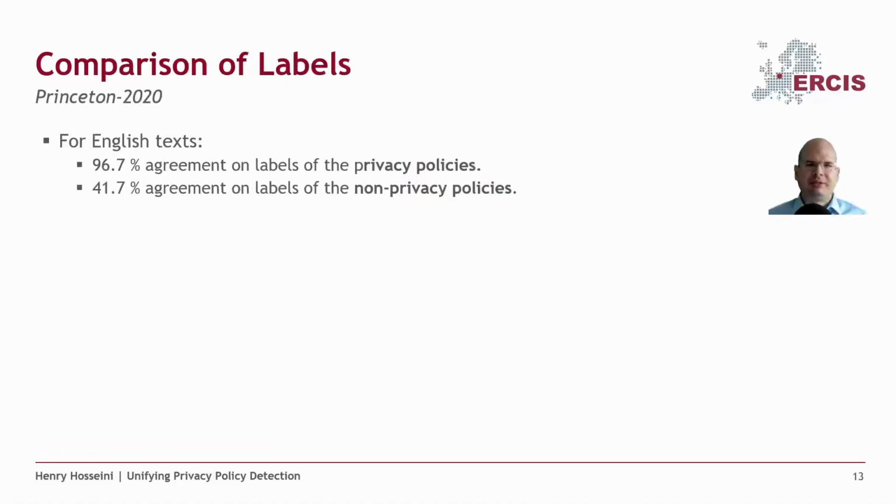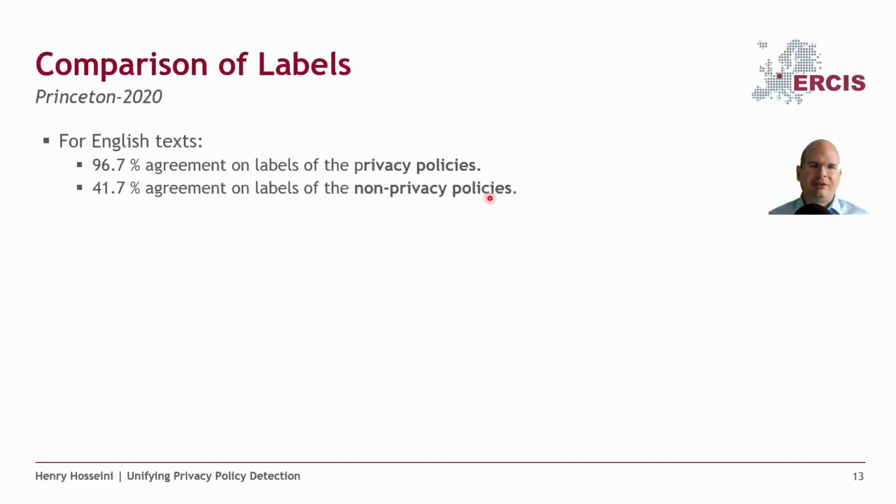In order to have a further means of comparison, we applied our classifiers on the Princeton 2020 corpus. It turns out that for English texts, we have a 96.7% agreement on the labels of the privacy policies. However, we only have a 41.7% agreement on the labels of the non-privacy policies.